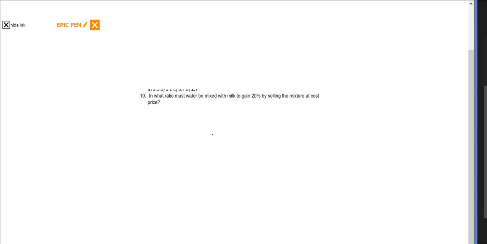So let me assume that milk is going to cost me 1 rupee, and I'm adding water which is going to cost me 0 rupees, and I'm going to get a resultant mixture. And what is said here is that if I sell this resultant mixture at 20% profit, that means 120% of this resulting mixture gives me the cost price of milk.